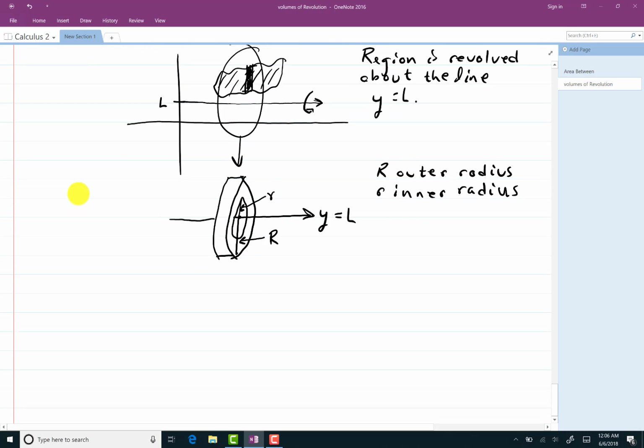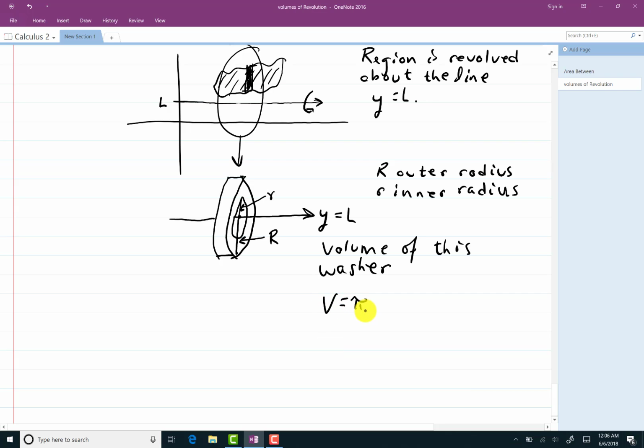Well, what's the volume of this disk now? The volume of this washer, they call it a washer, which hopefully everybody knows is the shape of a washer, is V equals pi. Now, it's not quite the same as before. If this were filled in, it would be pi r squared. But you have to subtract this piece out, which is pi little r squared.